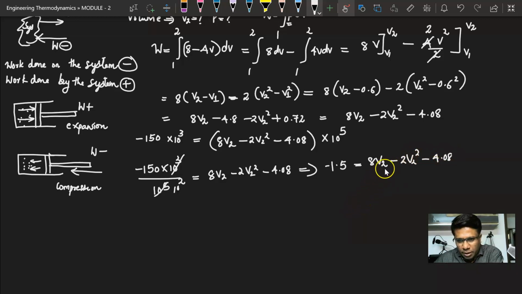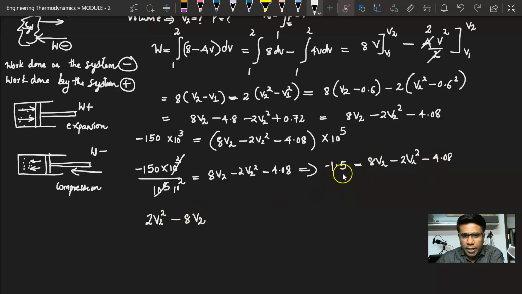Now I'll be reshuffling it so that I get it in this format. That is, this 2v2 square I will bring to this side, so it becomes 2v2 square minus 8v2. This I have brought this side.